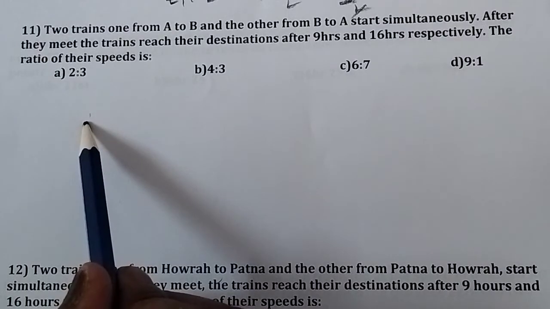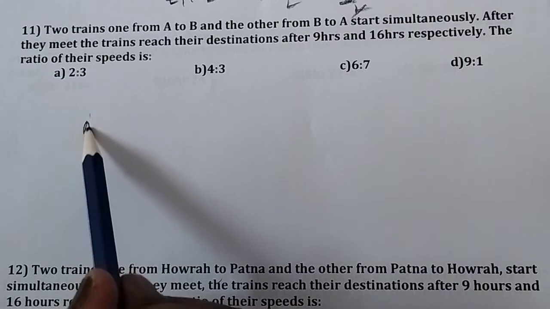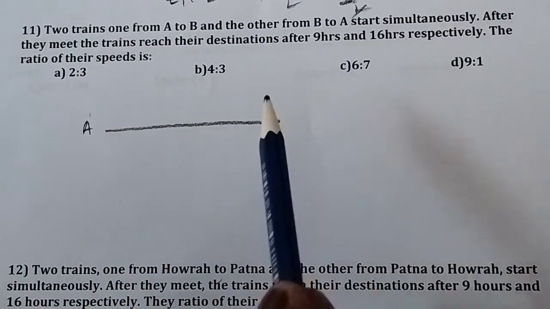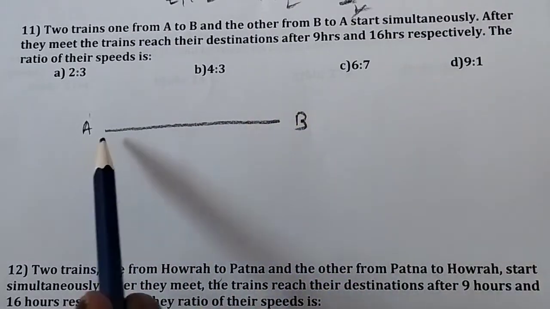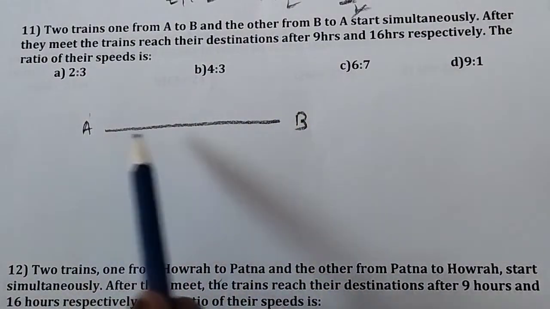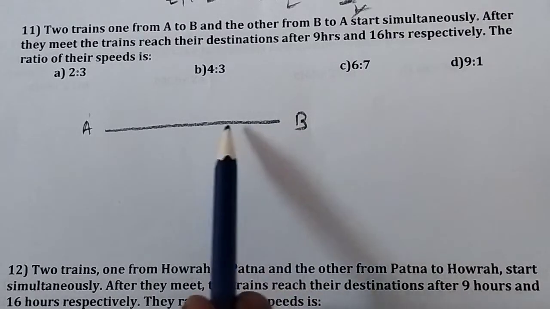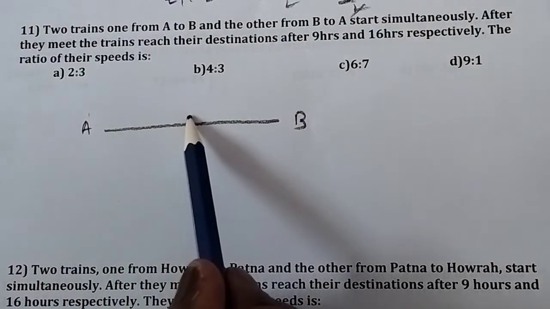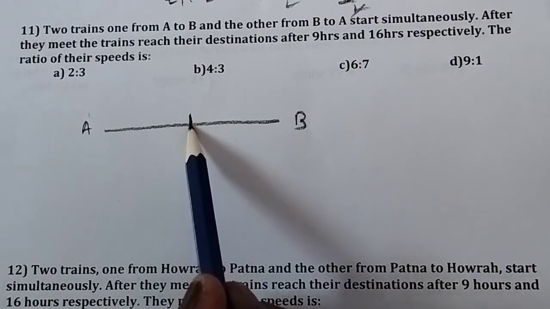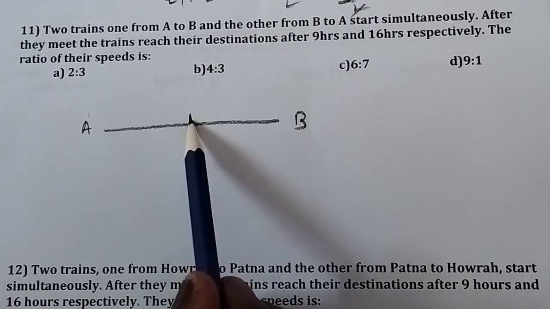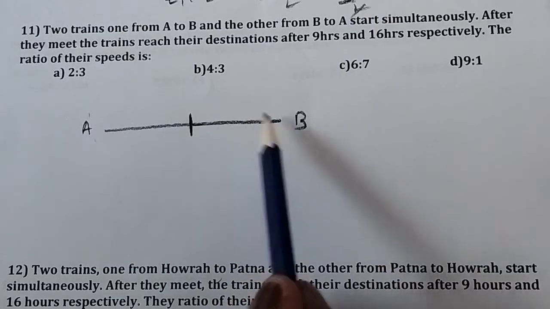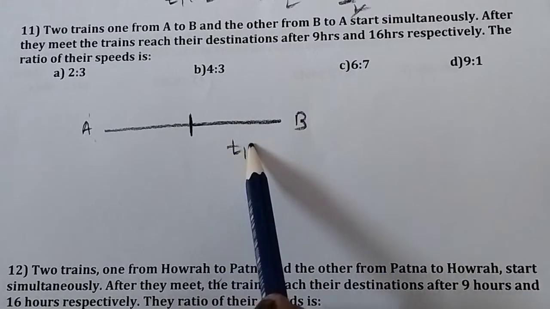One train started from A moving towards B. Another train started at B moving towards A. Both cross at a particular point. Just assume this is the crossing point, the meeting place. The first train reaches its destination in 9 hours, that is T1.